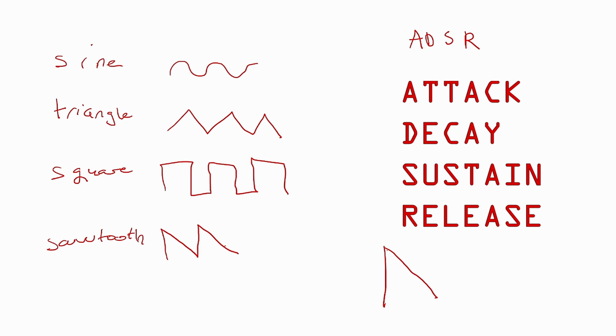With sounds that we have in our analog world, that is already done for them. But in our digital world, we can decide how long of an attack the sound will have, how long of the decay, sustain, and release. Those are those letters that I've written. And now we're going to learn what that means.